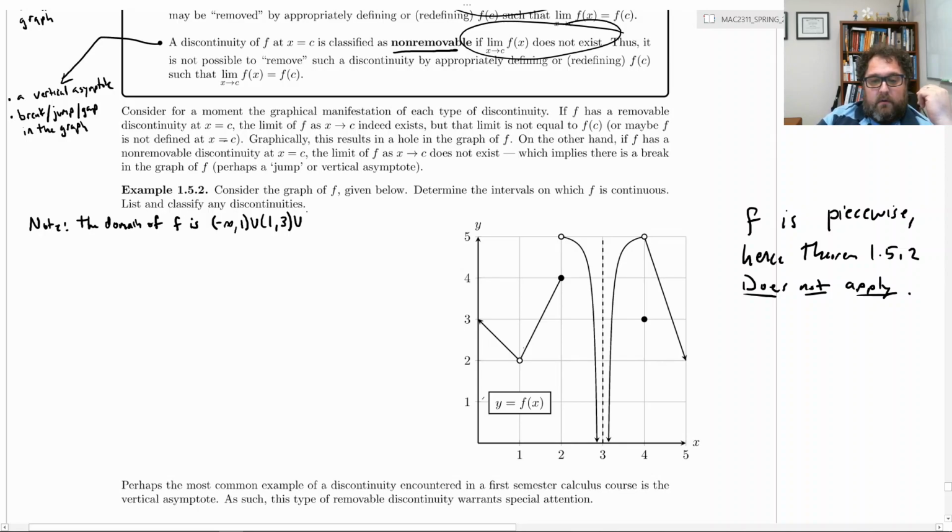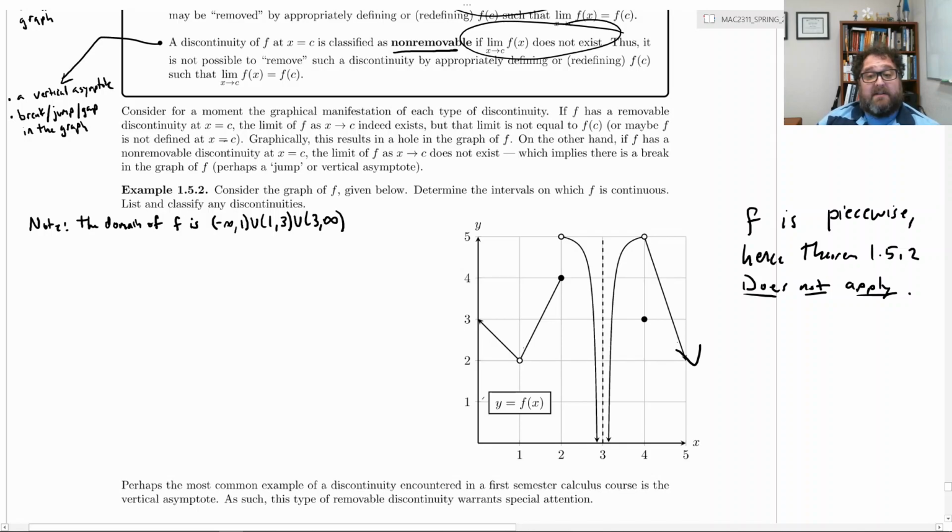Union 3 to what? Okay, here's something weird going on. But just like at 2, there's a hole there, but there's a solid dot right below it, which means the function is defined there. And then you keep looking to the right, but notice that pattern just goes on forever to the right. So here is the domain of the function.